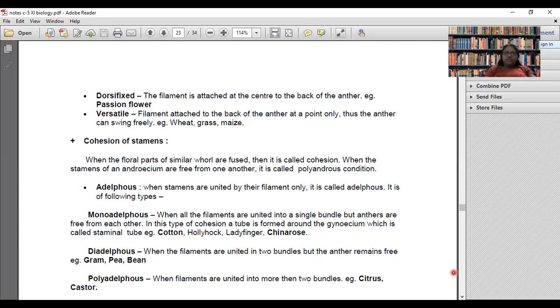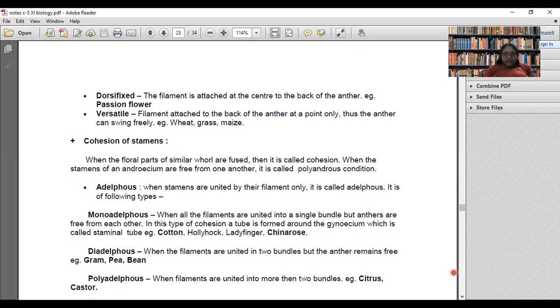So cohesion of stamen means if stamen is getting attached to other stamen, we call it cohesion of stamen. But if stamen is attached to petal, we call it adhesion of stamen.